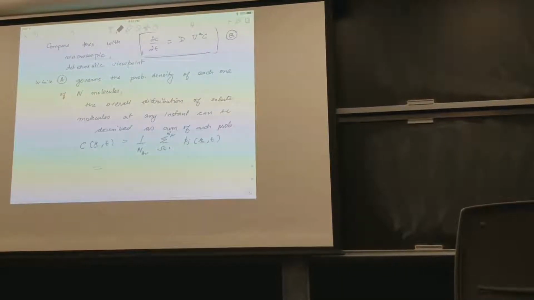And if that is possible, then what you get is L squared over 6 tau is equivalent to D.